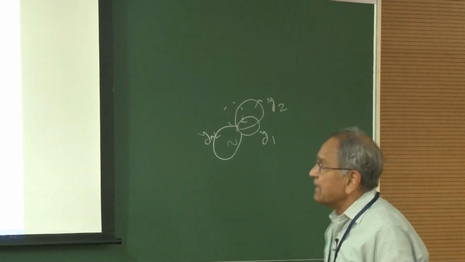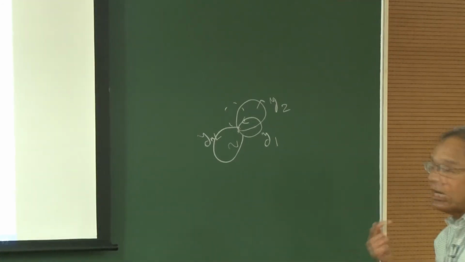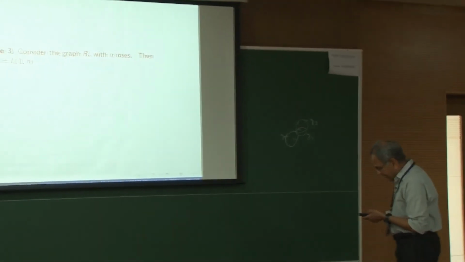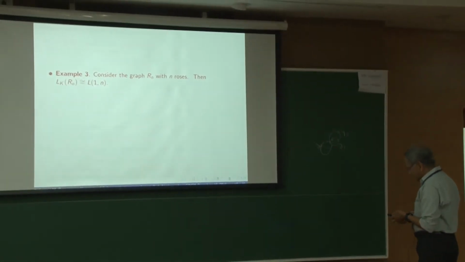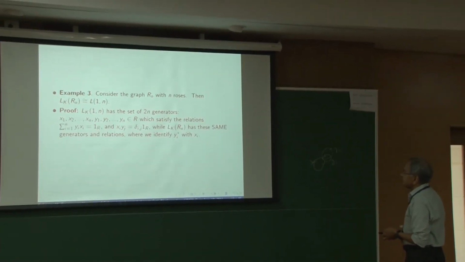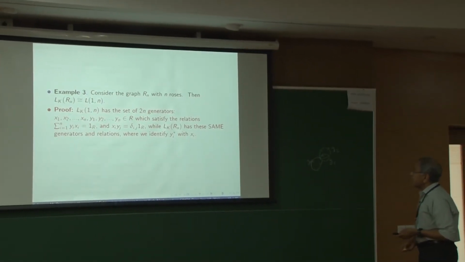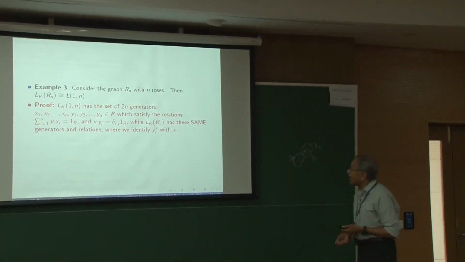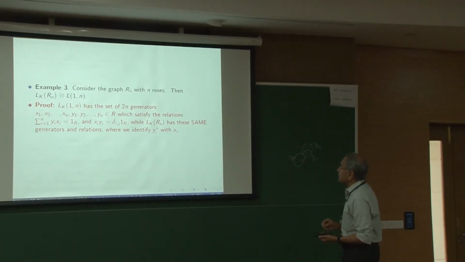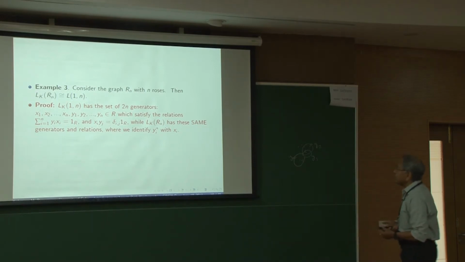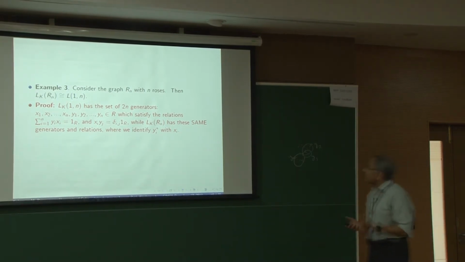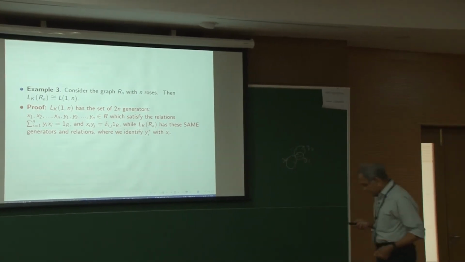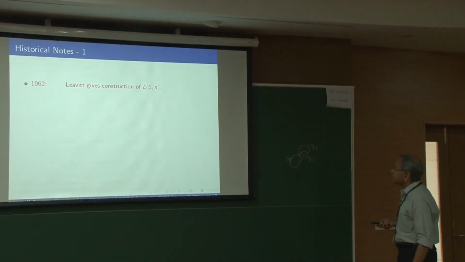And the Leavitt path algebra of this is actually isomorphic to the Leavitt ring L1n because they satisfy the same defining relations: summation yi xi equal to 1, summation xi yj equal to delta ij times 1. So we have some nice examples of known rings occurring as Leavitt path algebras.